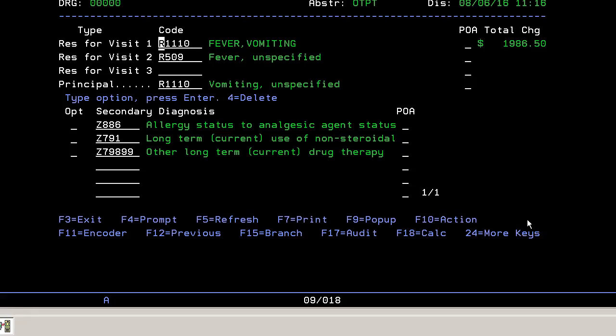So I'm reviewing what my coder coded. He did the principal diagnosis here of vomiting. He's also given the diagnosis of allergy, and he's saying that the patient is on long-term use of non-steroidal agents, NSAIDs. We are going to have to verify that because I did not see that in the chart.